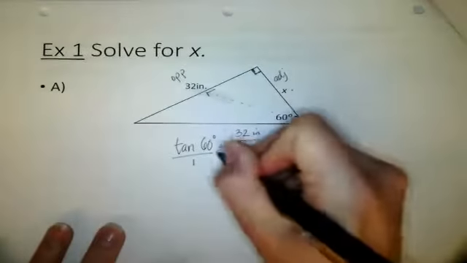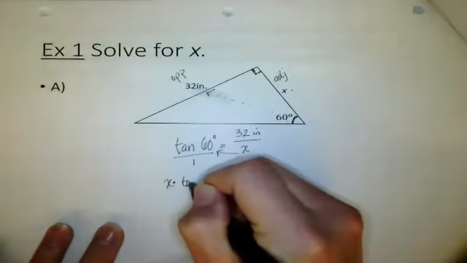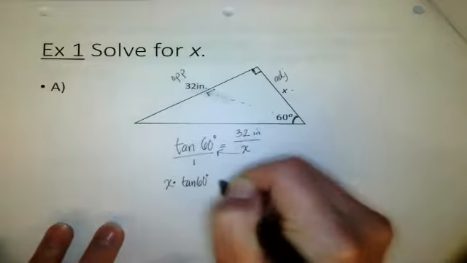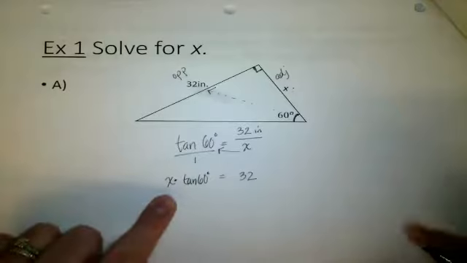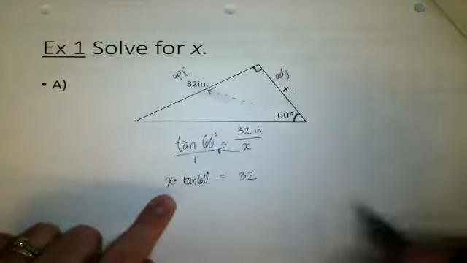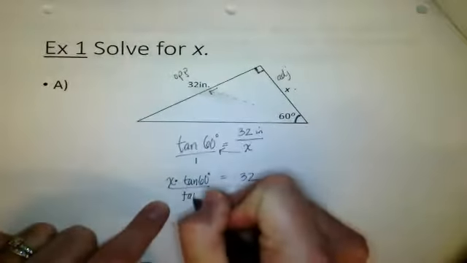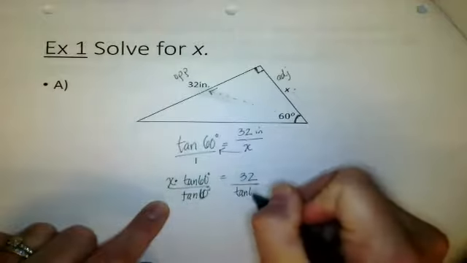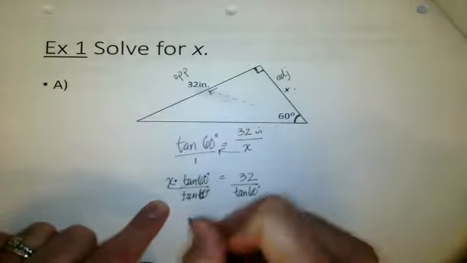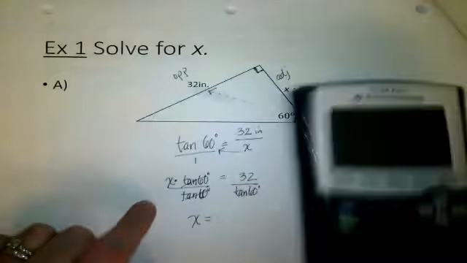We're actually going to multiply the x to the other side. That's going to give me x times the tangent of 60 degrees equals 32. And then how do you get x by itself? Divide the tangent of 60 away. So we're going to divide by the tangent of 60 degrees. And we get x equals whatever this is, which we can plug directly into our calculator.